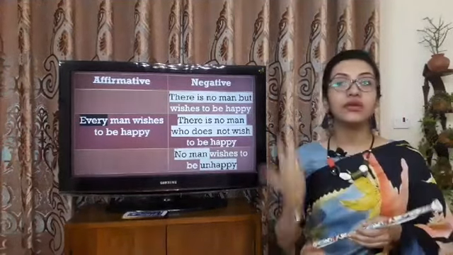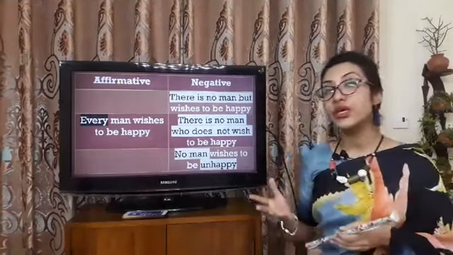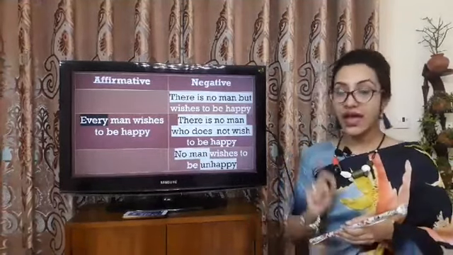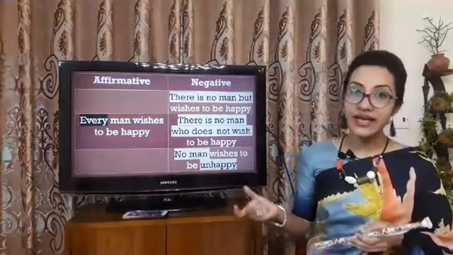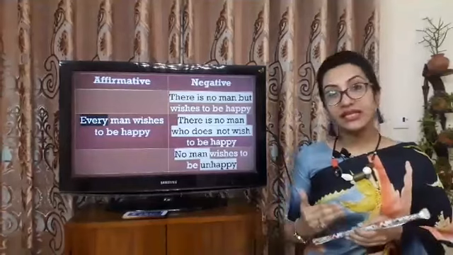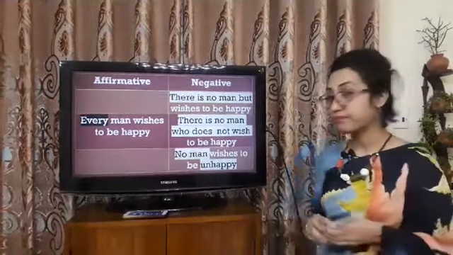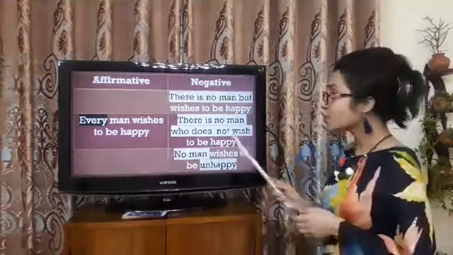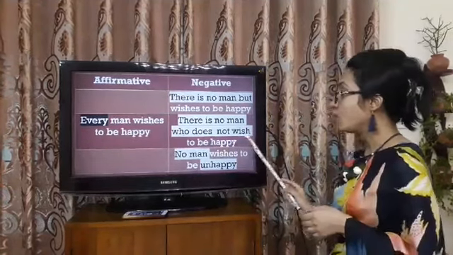অর্থটা যদি আমি করি তাহলে কি হচ্ছে যে এমন কোনো মানুষ নেই যে সুখী হতে চায় না। সো দেখো আমি যখন বলছি এমন কোনো মানুষ নেই যে সুখী হতে চায় না, আমি কিন্তু একই সেন্টেন্স যে সবাই সুখী হতে চায় এটাকে অর্থ পরিবর্তন না করে নাবাচকে নিয়ে গিয়েছি। সো এখানে আমি কি করেছি? In place of every, in negative we have written there is no man who does not wish.